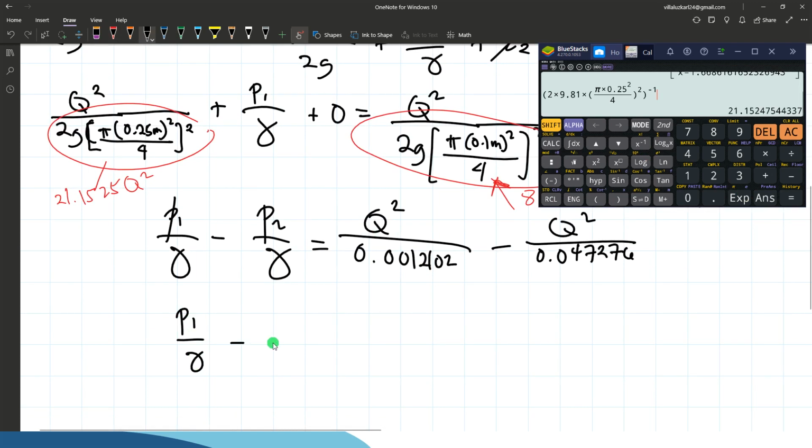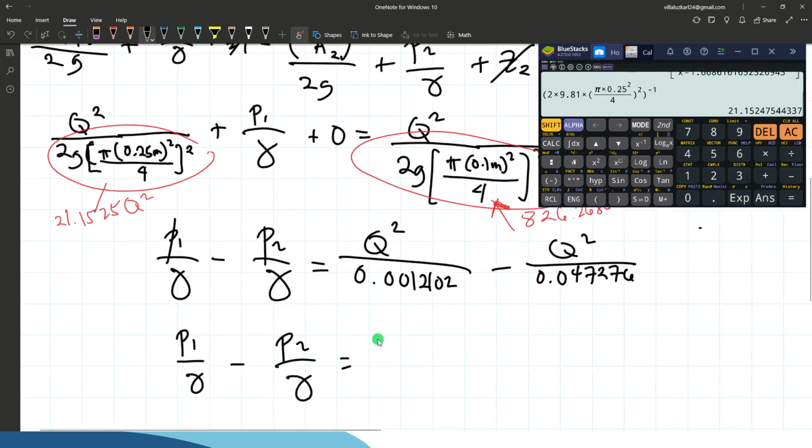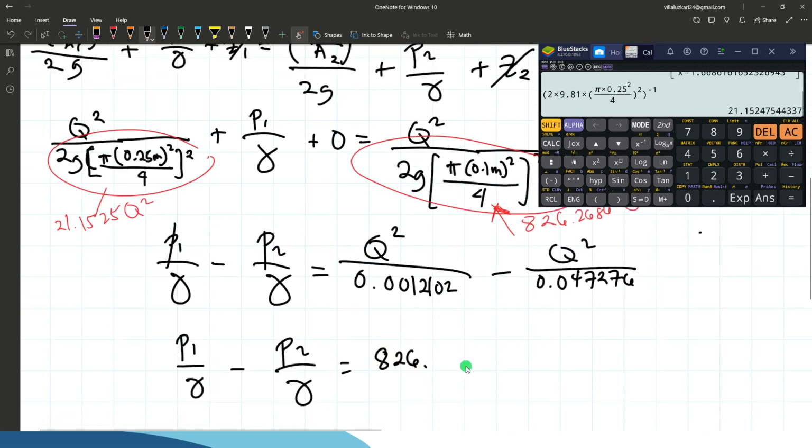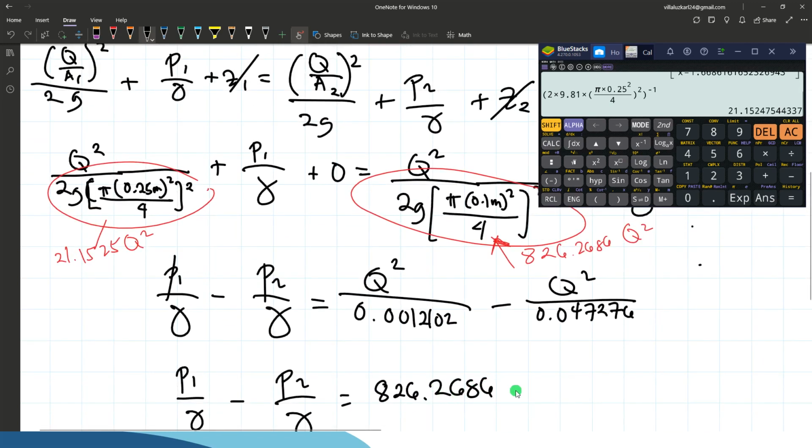P1 over gamma minus P2 over gamma equals 826.2686 Q squared minus 21.1525 Q squared.